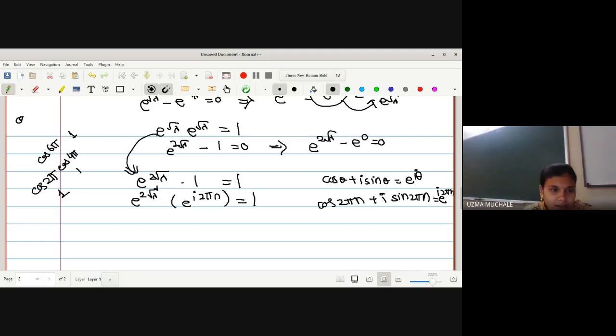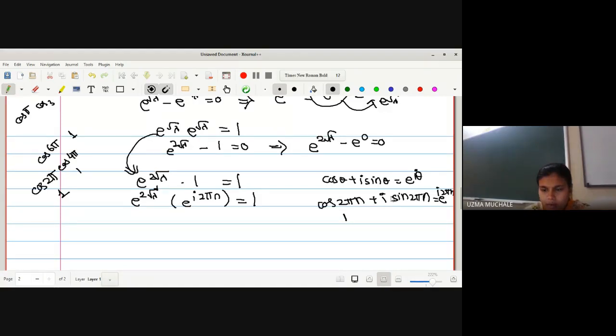If we have cos pi, cos 3 pi, these are negatives, but the even multiples are positive. The value of this term is multiplied by 2 pi, so if I put n equal to 1, 2, 3 and so on, this cos will be in terms of 2 pi, 4 pi, 6 pi and so on, so it will be equal to 1.